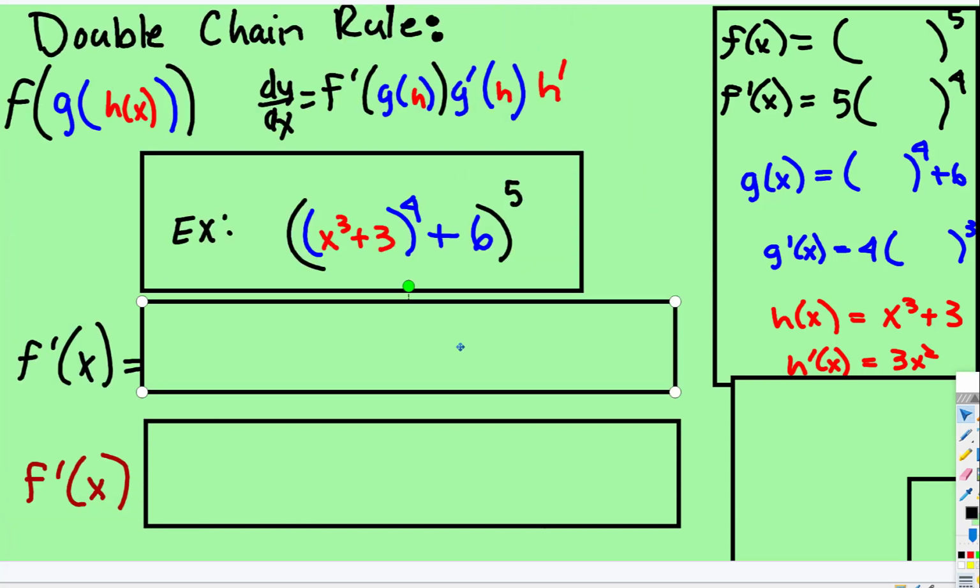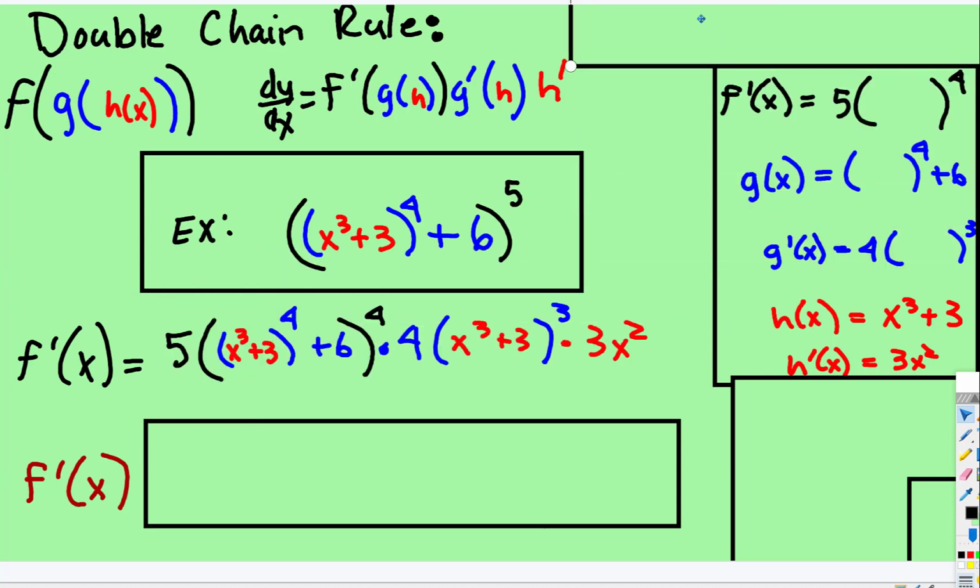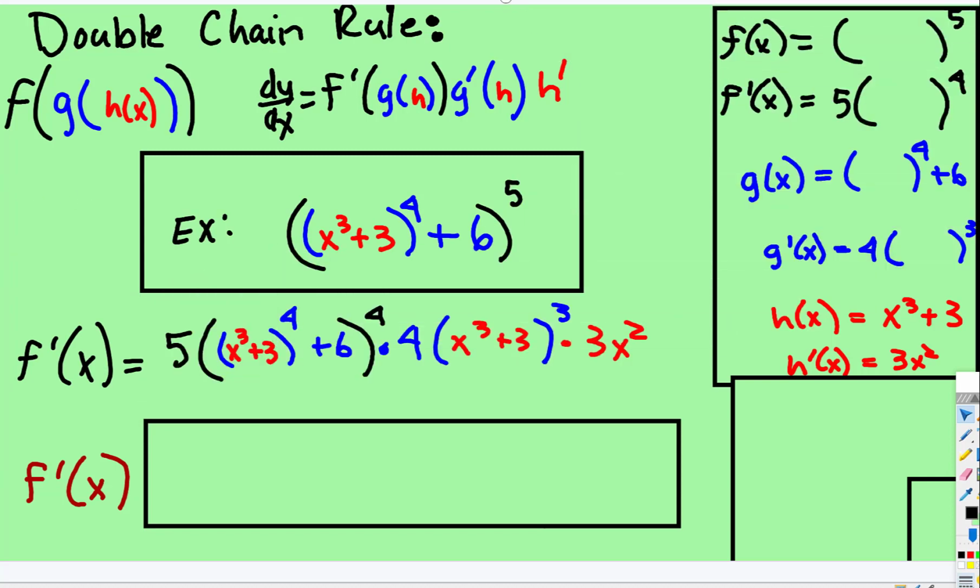Let me just get rid of this over here, or maybe not. All right, so look at what we have. I have in black, I took this because we have to take the derivative of that. So 5 something to the fourth, and inside that something we leave all of the original stuff.